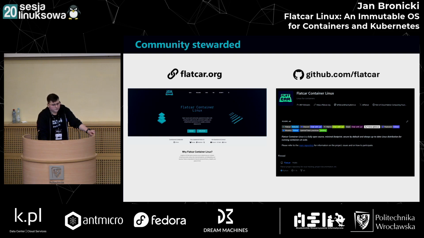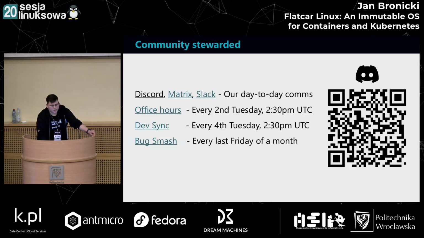You can find most of our information, all of our links to socials, chats, whatever, on our website, flatcar.org. We also do basically everything on GitHub. It's just called Flatcar, so it's very easy to find. If you're interested, please feel free to take a look. We are also as open as we can be.